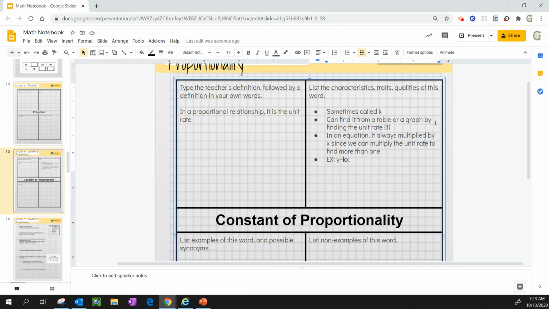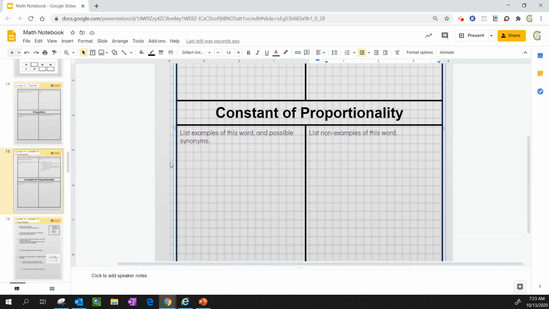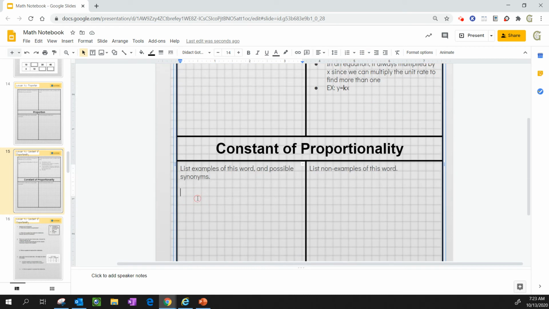So when we're trying to find examples of it, we can see it in a lot of different scenarios. So if I had a situation like, let's say, a person can run 9 miles per hour, okay?